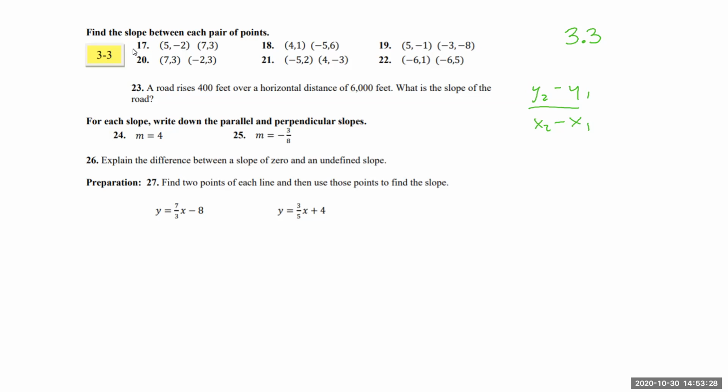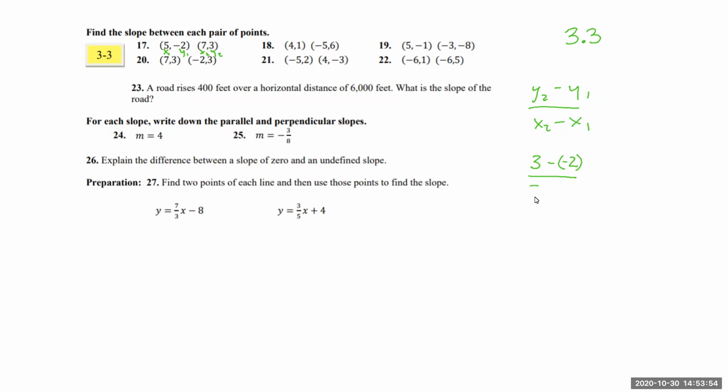Okay, so what we're going to do is I like to label the points so it's a little bit easier. We're going to say that this is x1, and this is y1, and this is x2, and this is y2. So if we do that, then y2 would be 3 minus, and then y1 is negative 2. On the bottom, we have the second x.